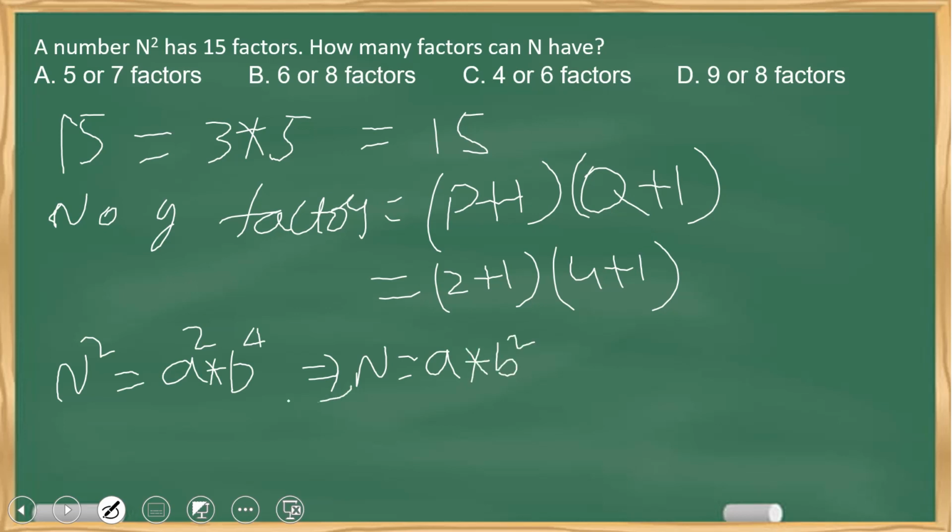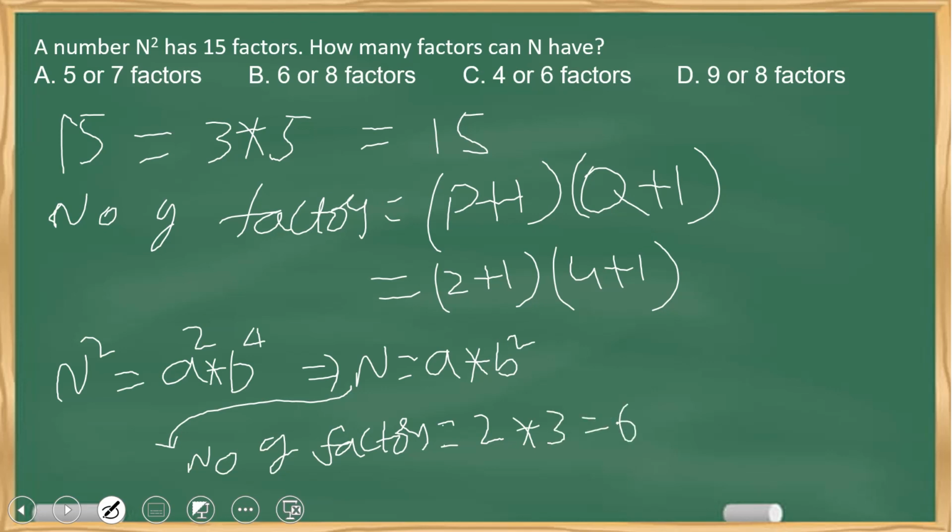So for n, the number of factors is equal to 1 plus 1, that is 2, into 2 plus 1, that is 3. So total 6 factors are there. This is case 1.